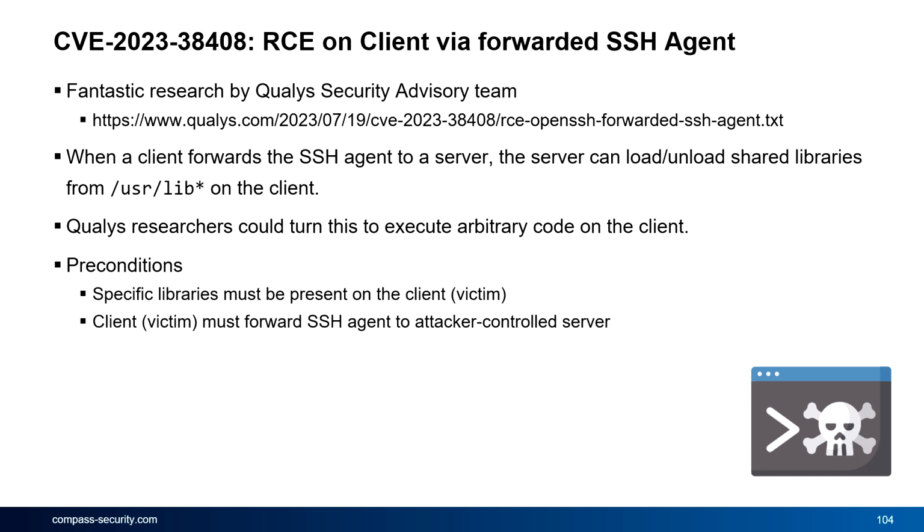This means if a victim connects to a server and the server is compromised or someone malicious is on the server, they can tell the victim to, in the end, execute arbitrary commands. And this can only be abused if you forward your agent to an untrusted or compromised server.